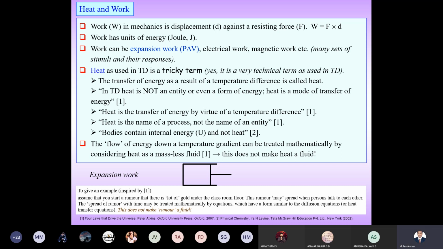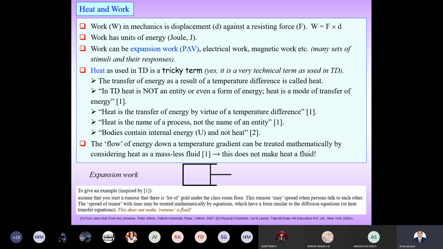To understand this point, we can have this example. Assume that you start a rumor that there is a lot of gold under the classroom floor. This rumor may spread when persons talk to each other. The spread of the rumor with time may be treated mathematically by equations which have a form similar to the diffusion equation or heat transfer equation.